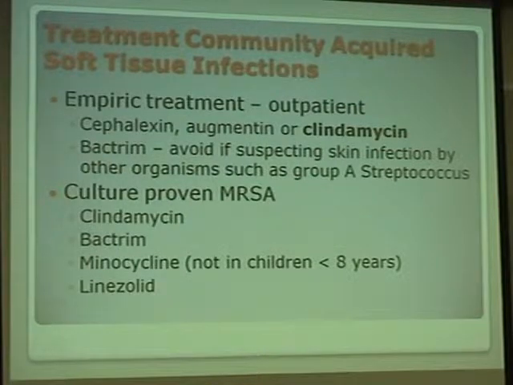Because the thing you have to remember is strep is also still potentially a culprit in these cellulitis. So if you have a patient who maybe has impetigo or something where you think strep is on your list, then you do not want to use Bactrim. So Bactrim is good for MRSA, but it's not so good if you have a group A strep infection.